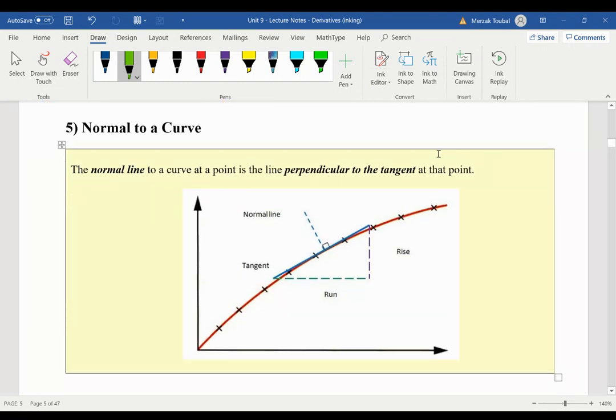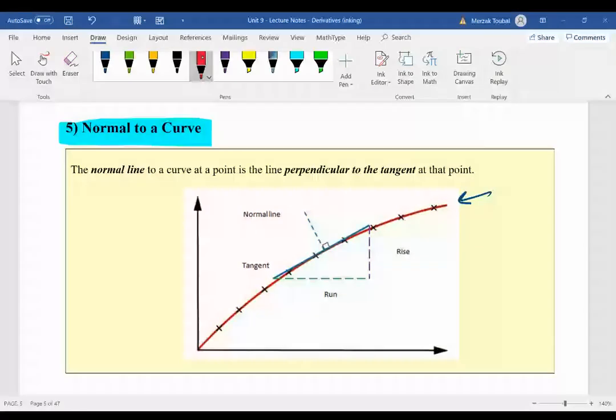All right, last concept, which is normal to a curve. Normal to a curve means perpendicular to the tangent line. If you take a look at this curve, notice there is a tangent line in blue. And the normal line would be this one. It's a line that is perpendicular to the tangent line.